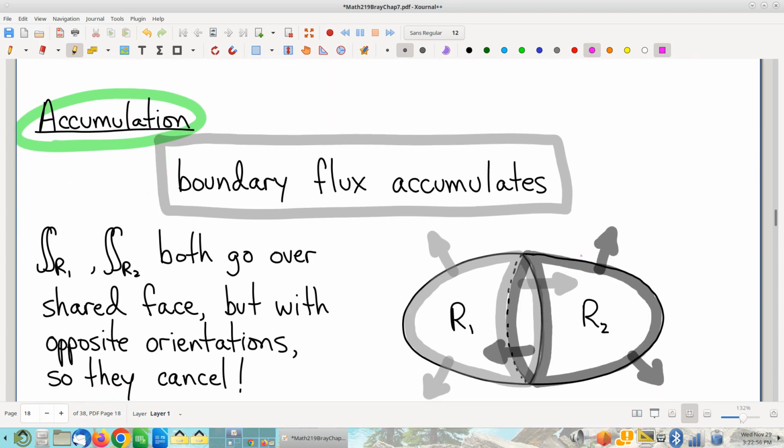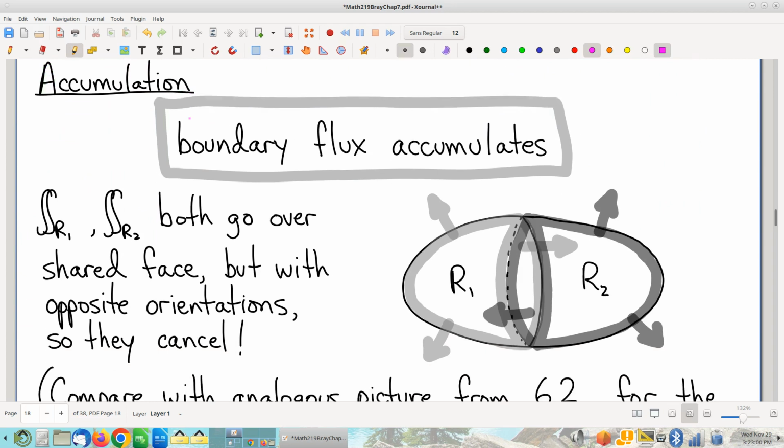So what is the accumulating quantity that we'll be dealing with? It is boundary flux. Boundary flux, as we're going to see in just a second, accumulates. And to be more precise, it accumulates over solids.